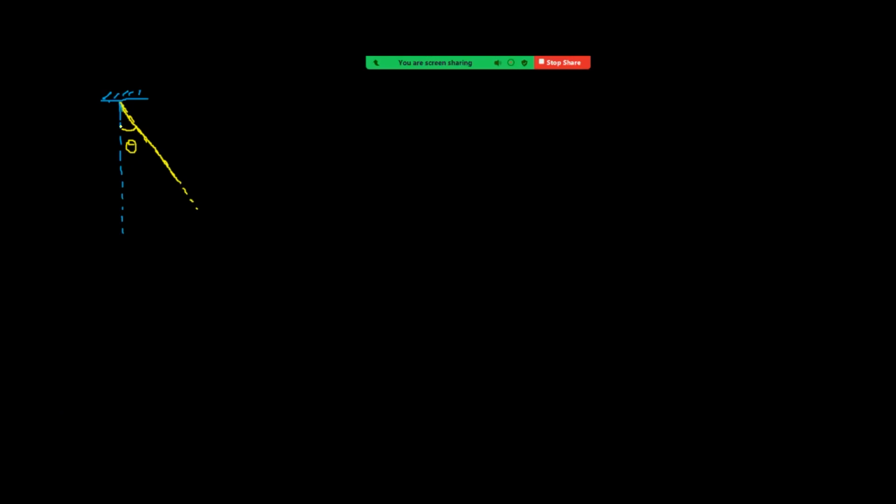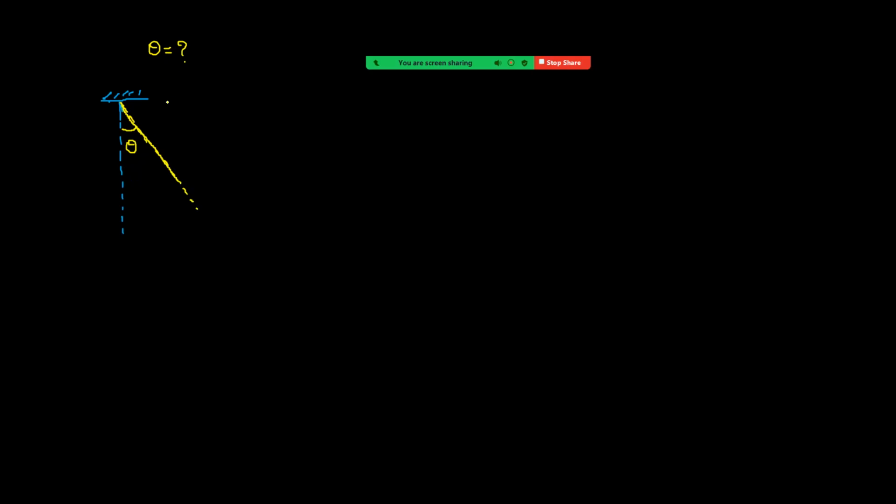This is the rod. This rod is rotating about this vertical axis with a constant angular velocity. So we have to find how much this angle theta is.